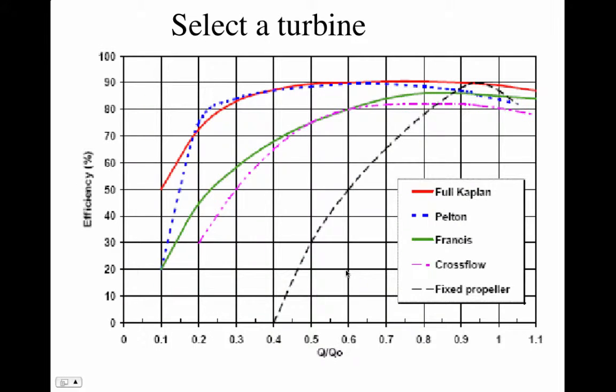Then let's take a look at what the characteristics of the Kaplan turbine are at part flow. This shows the efficiency at various percentages of the rated flow of the machine. The red line is a propeller type turbine, and this one represents the full rated flow, in this case 2,600 cubic feet per second. You can see that all the way down to 0.3 of its rated flow, or 0.3 times 2,600, it puts out over 80% efficiency.